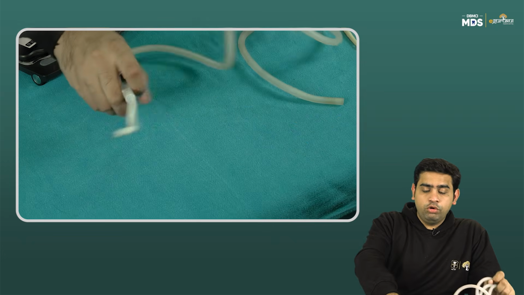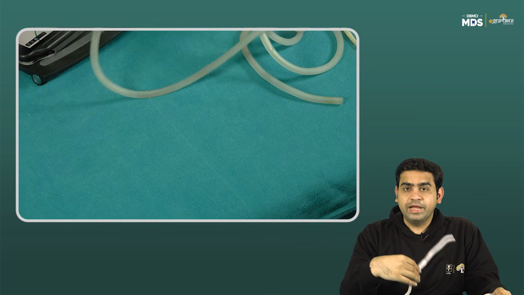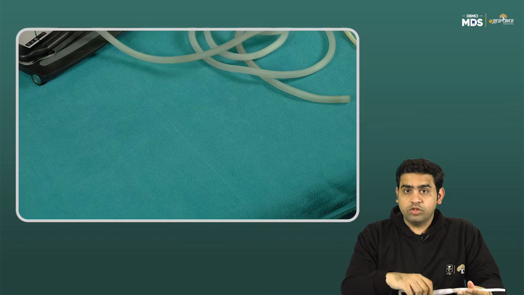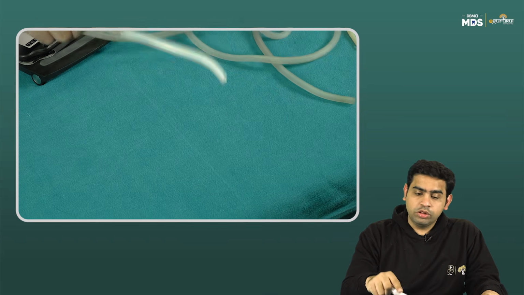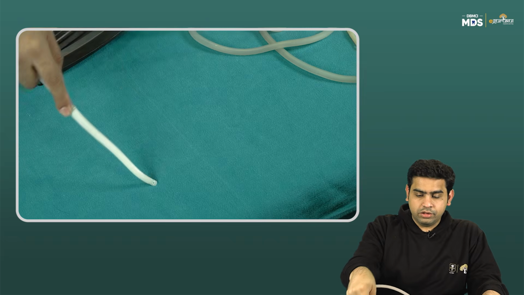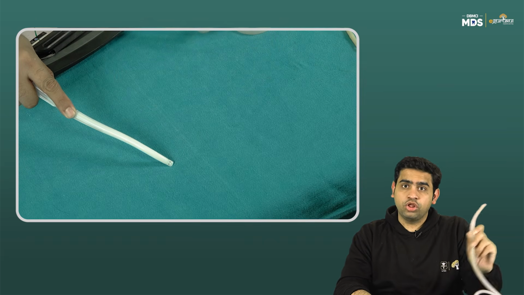You basically catch hold of the suction like this, and let's say somebody else is operating and I'm assisting the doctor, and if there is bleeding during the surgery, I can use the suction and reach whatever places it has to go, and this tube is attached to the suction machine.